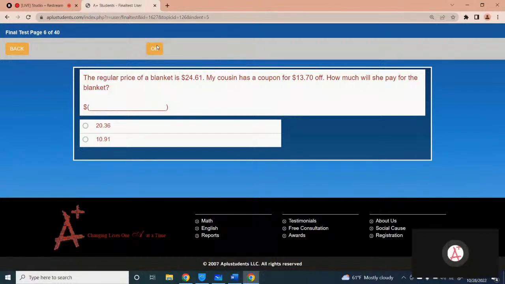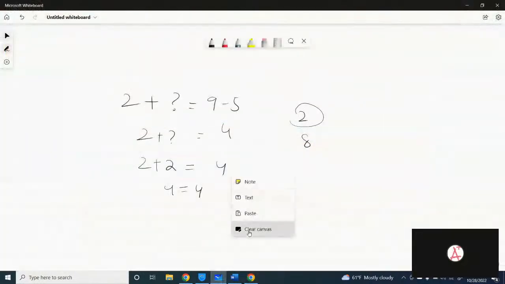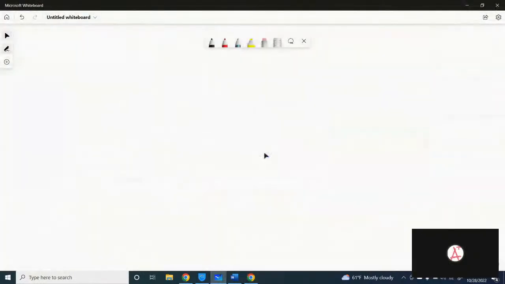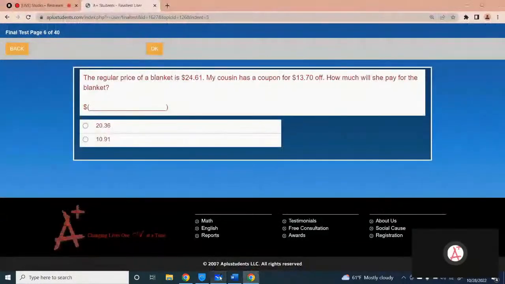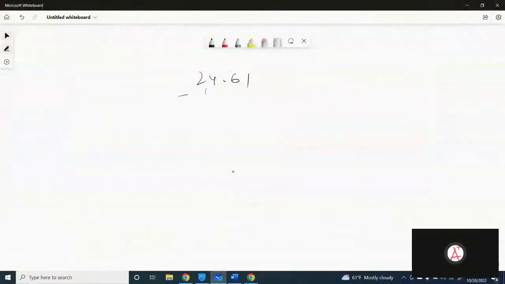That means you have to subtract the coupon from the original price. Got it? So 24.61 subtract 13.70, and just calculate the value.